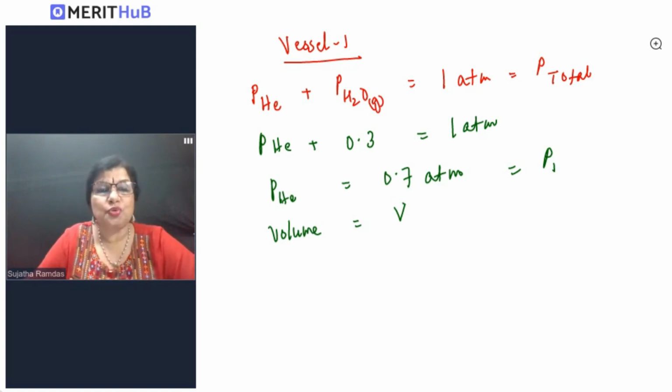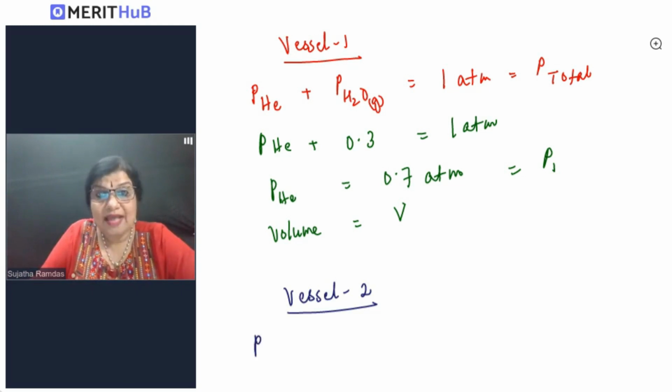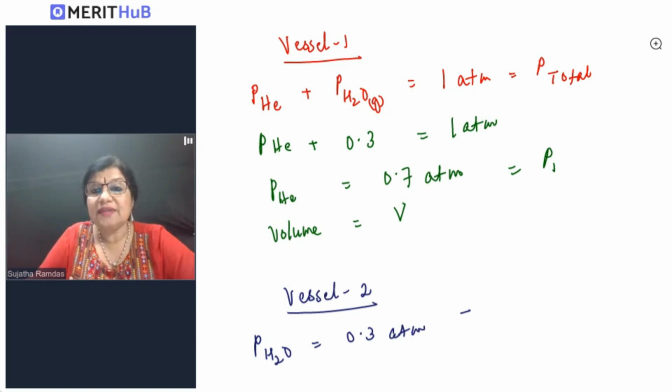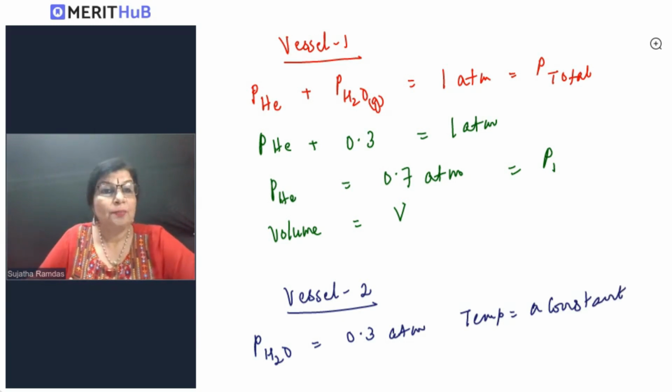Now let's move on to the second vessel. You are told that the partial pressure of water vapor is 0.3 atmosphere. Okay, it will remain as 0.3 atmosphere because the temperature is maintained a constant. So there is something to understand here. Partial pressure of water vapor is found to be dependent on temperature.